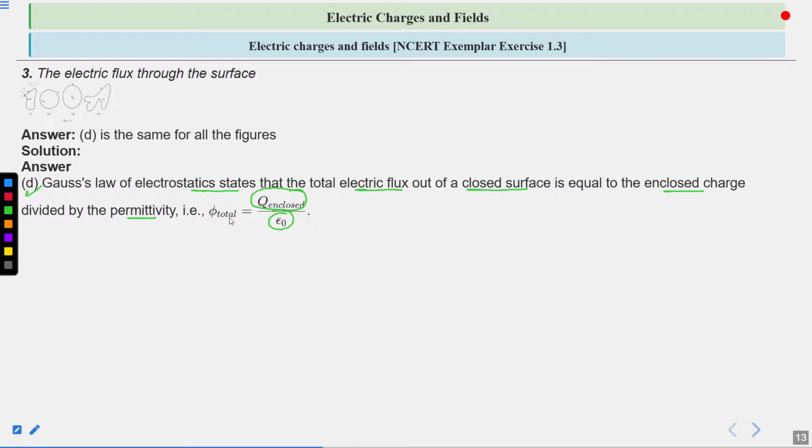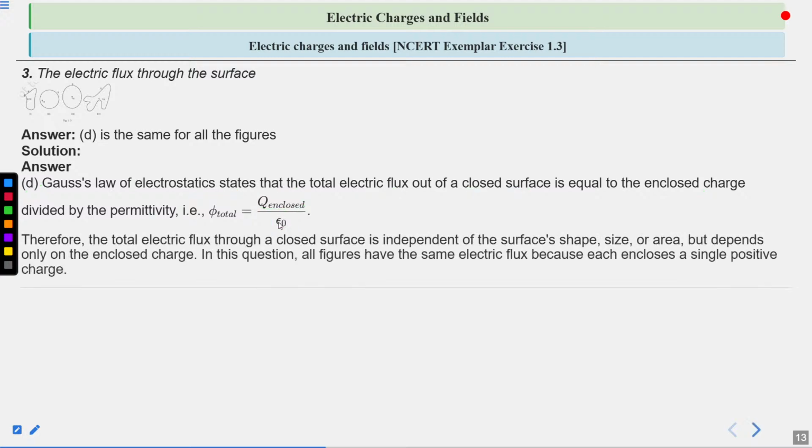So phi is equal to Q divided by epsilon naught. Therefore, the total electric flux through a closed surface is independent of the surface shape, size or area, but depends only on the enclosed charge. In this question, all figures have the same electric flux because each encloses a single positive charge.